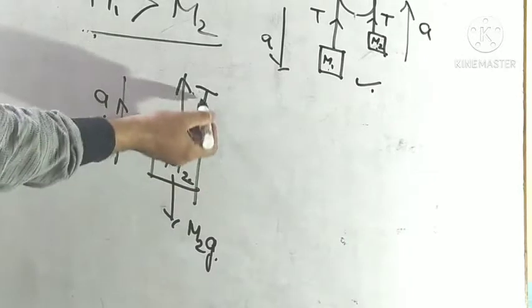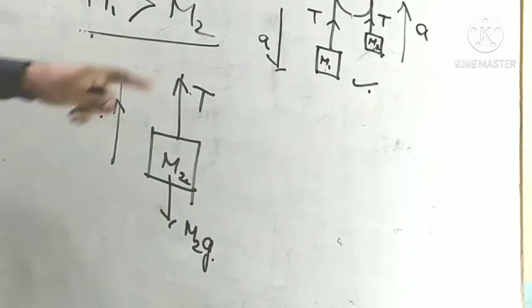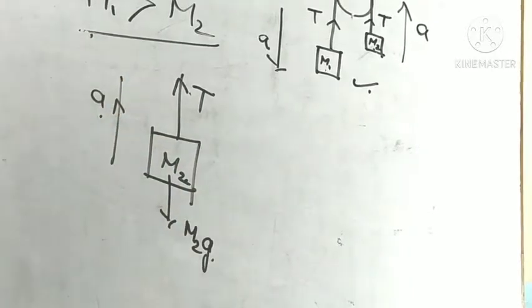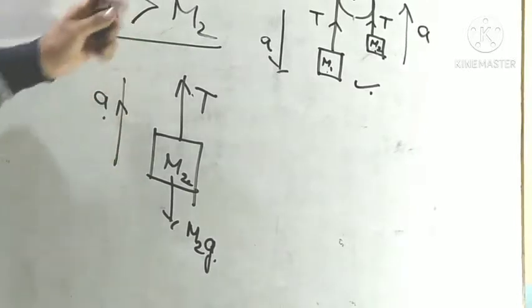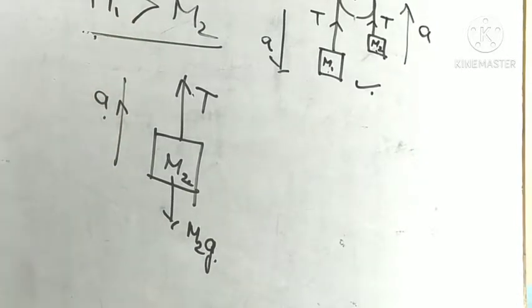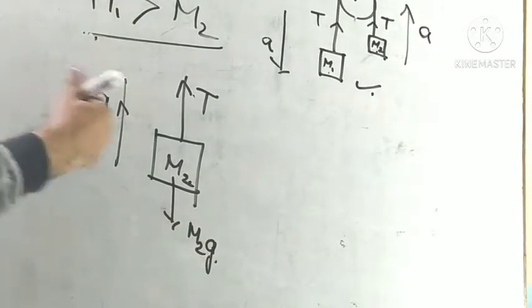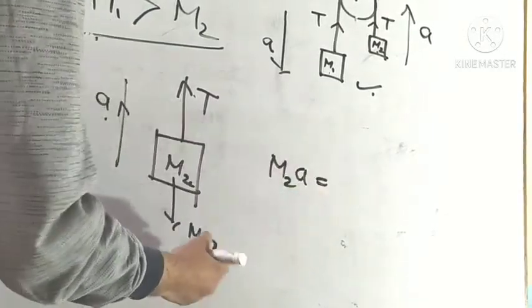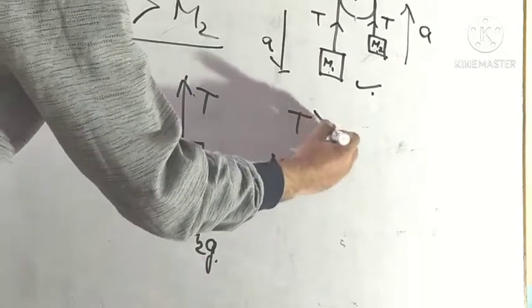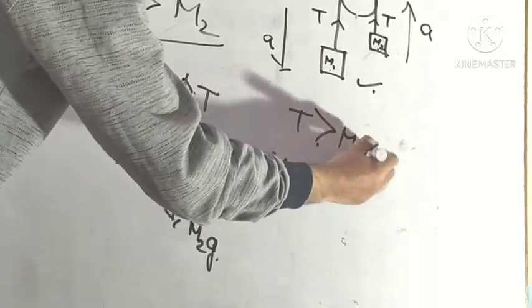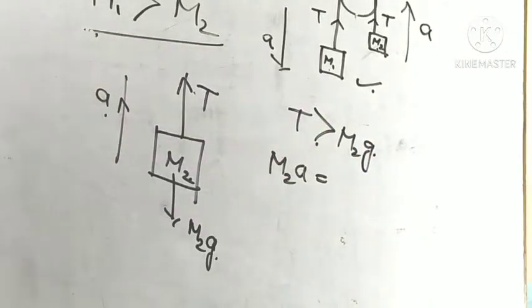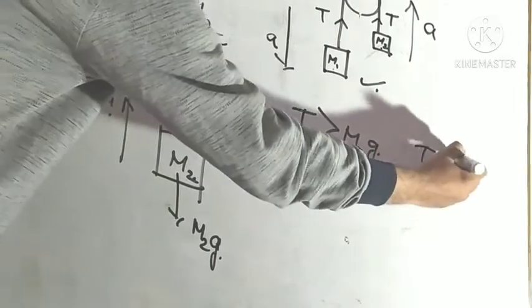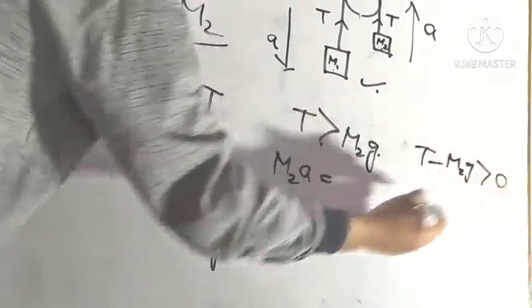There are two forces working on this body, in opposite directions, but the body moves vertically upward with acceleration a, so there will be a net force. That net force is m2a, and here the tension T in the string is more than the weight of this body, because the body moves upward. So m2a equals T minus m2g, which is greater than 0.